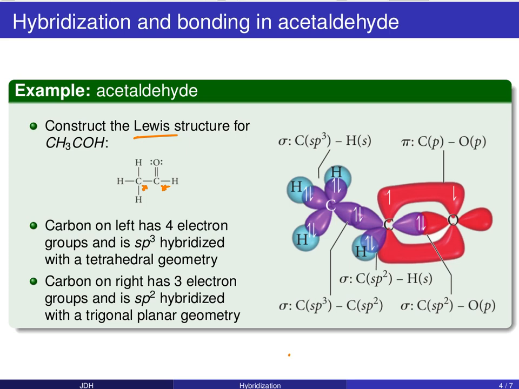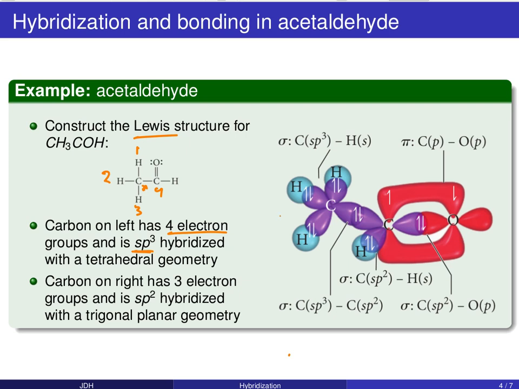So let's first take a closer look at that carbon on the left-hand side. So the left-hand side carbon has, very clearly, 1, 2, 3, 4 groups around, or 4 single bonds, 4 electron groups that we need to accommodate. Well, if you have 4 electron groups, then that's going to give you an sp3 hybridization to account for that tetrahedral geometry.